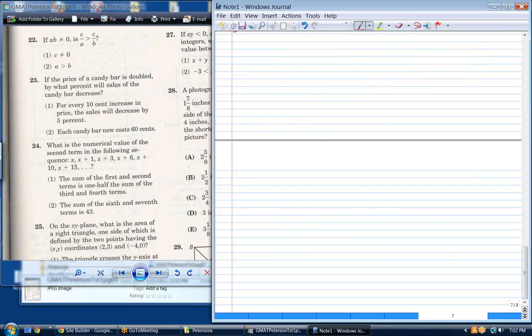If A and B is not 0, is C over A larger than C over B? And they're not 0 because obviously we can't divide by 0.